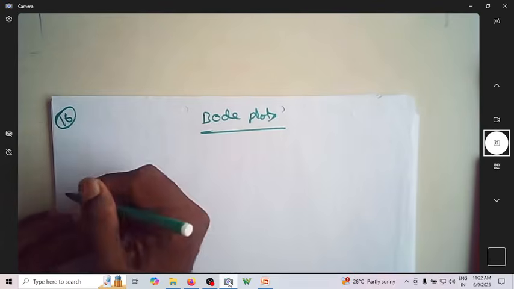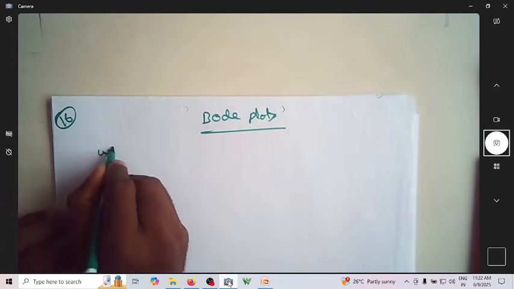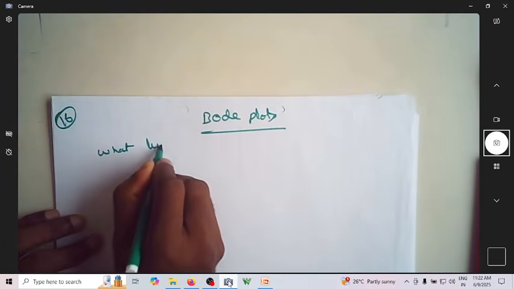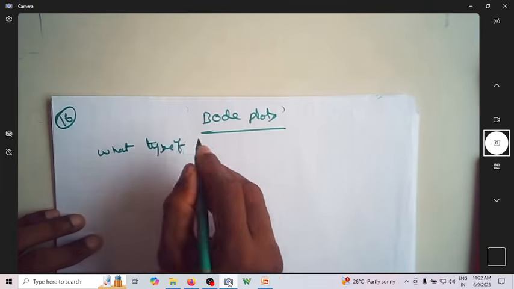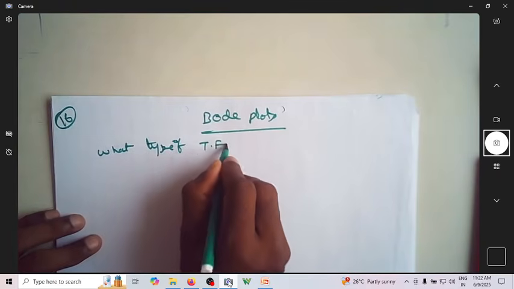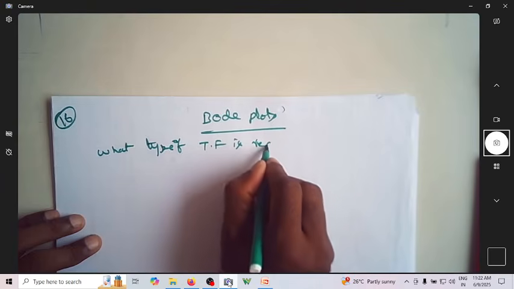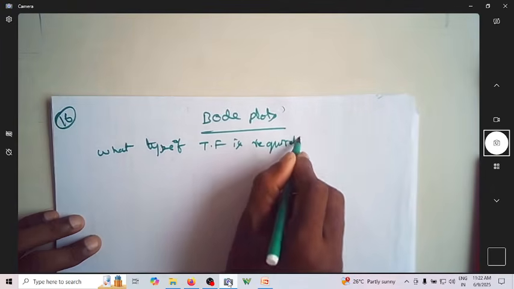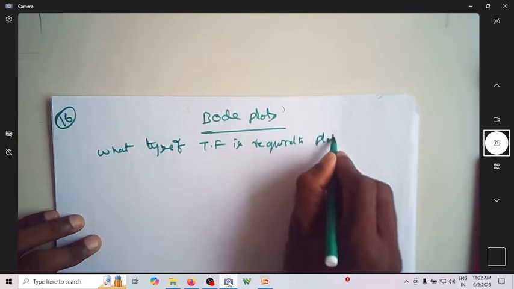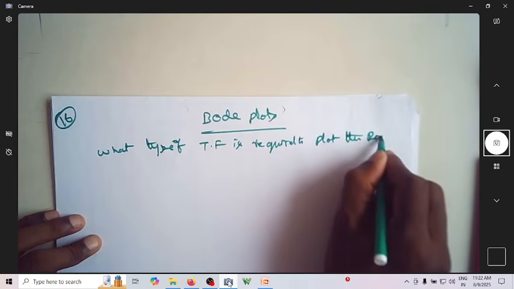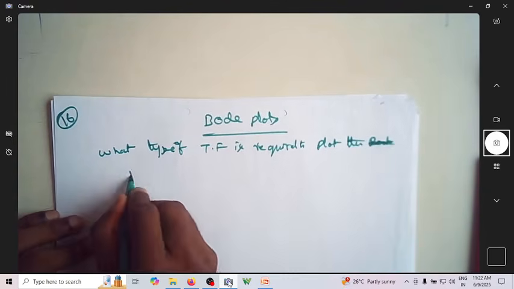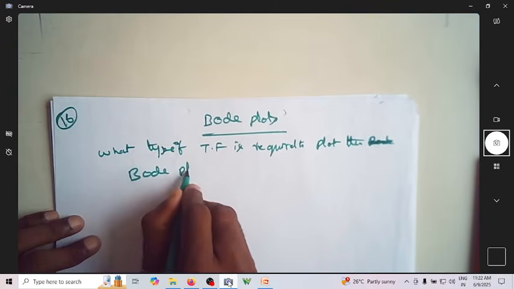In Bode plots, what type of transfer function is required to plot the Bode?